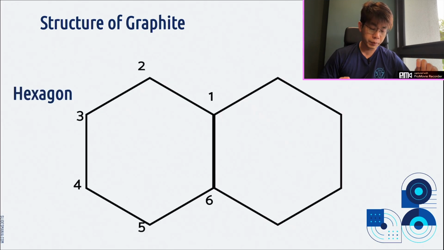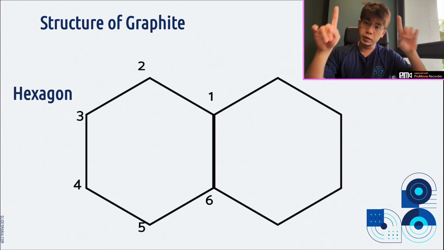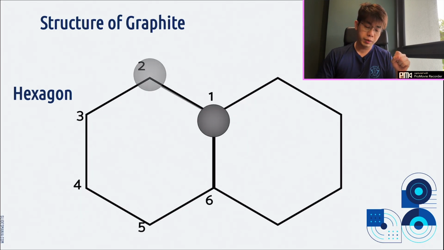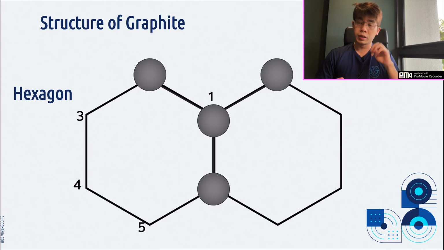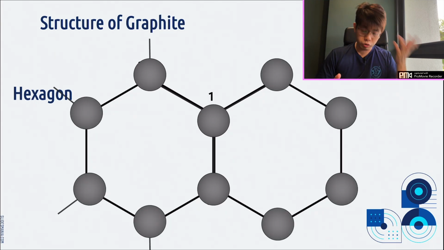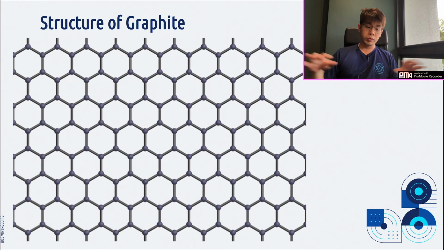So what does it look like? A hexagon is a 6-sided figure. So we have one carbon atom, and this carbon atom is bonded to 3 other carbon atoms. And every carbon atom is bonded to a further 3 other carbon atoms, and it forms this hexagonal arrangement. So you can imagine this is like a mesh, and this mesh is flat, right?